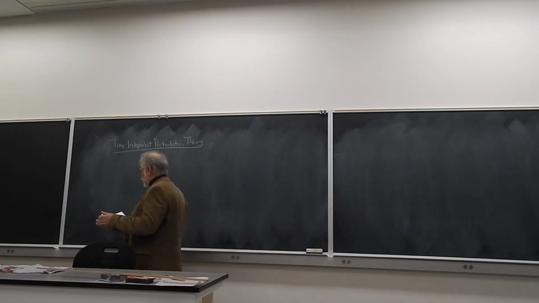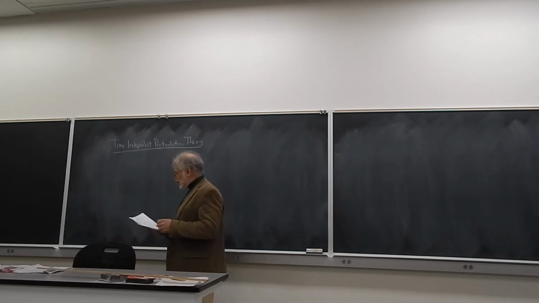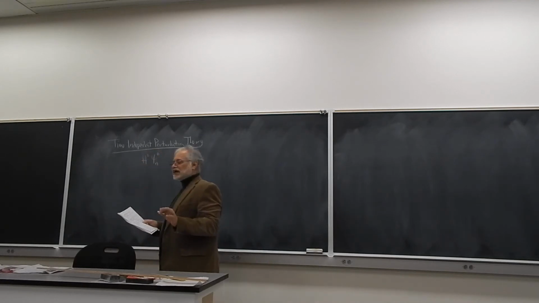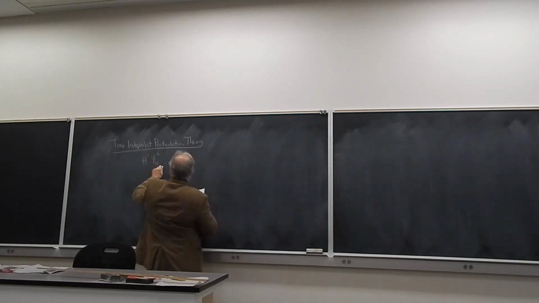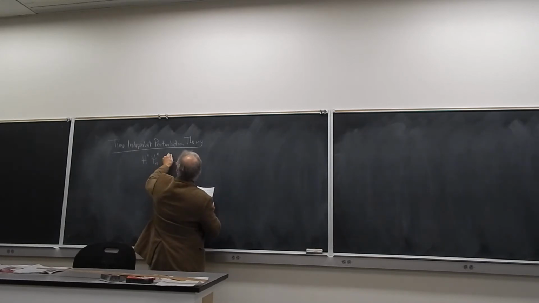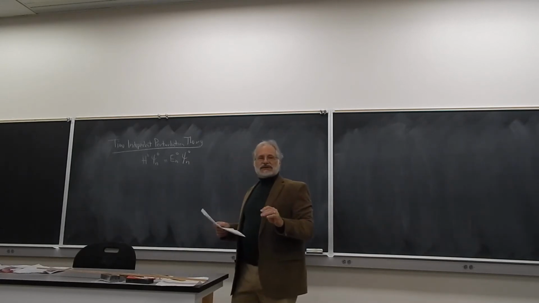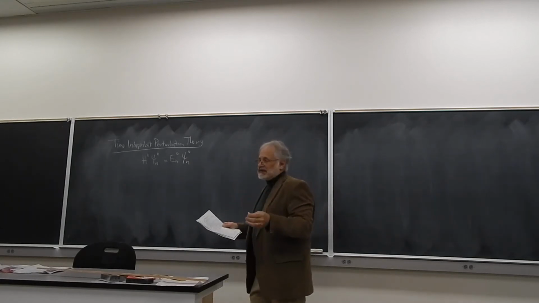Let's say we were able to solve the Schrödinger equation for some run-of-the-mill potential, maybe the particle in the box, for example. Let's call the Hamiltonian H0. This is the unperturbed Hamiltonian, and we have these unperturbed eigenfunctions and eigenvalues, and that's the solution for a standard problem.